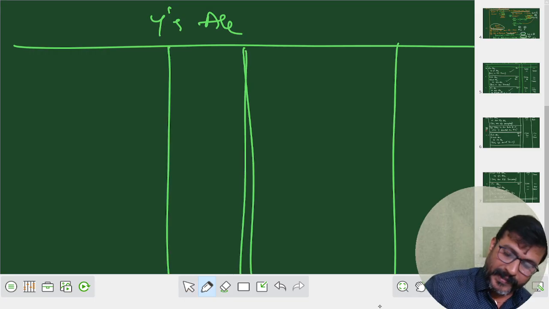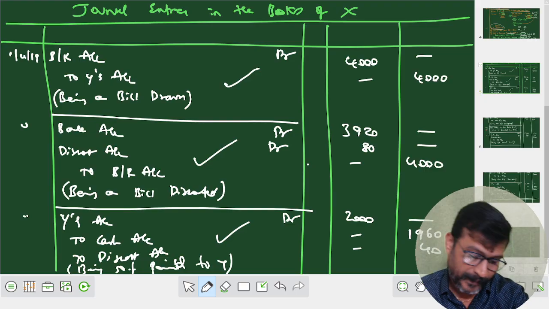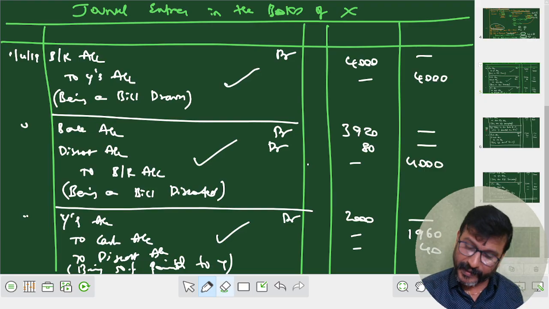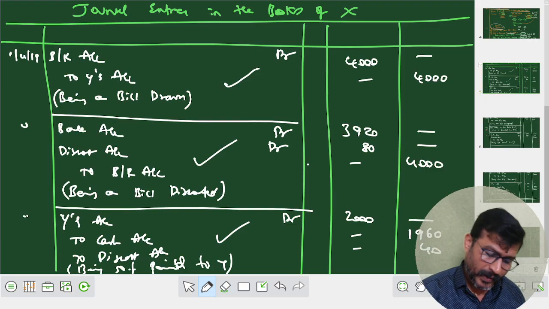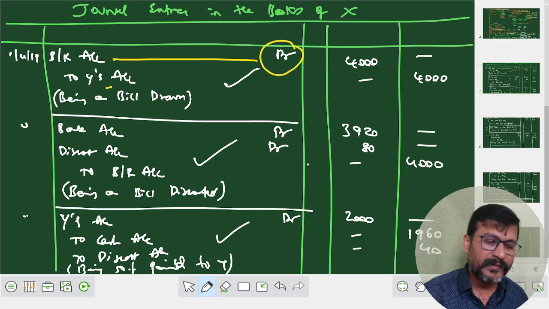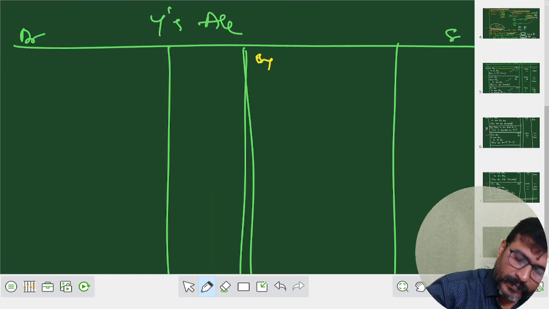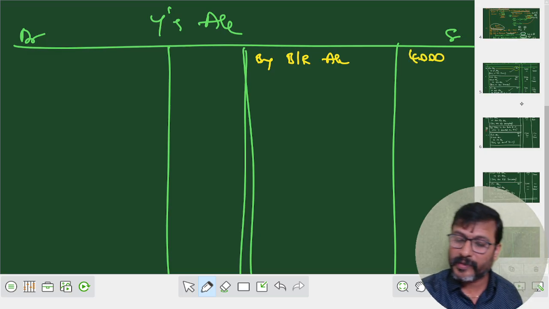How to write Y's account? Please concentrate. See the first entry. In the first entry, what actually we have? BR account debit to Y. BR is in the debit of journal, so it goes to the credit side of ledger, by BR account 4000.